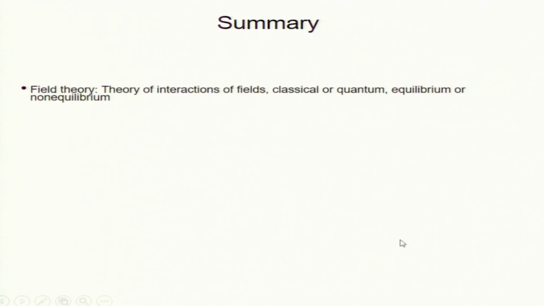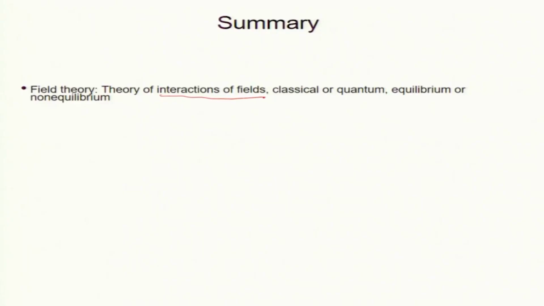Okay, so this interaction of fields. We hardly dealt with particles. Of course, there are people who work with Ising spins, but then they make a field. But we just worked with fields: phi 4 field, velocity field, temperature field. So in this course it was interaction of fields, classical or quantum, equilibrium or non-equilibrium.